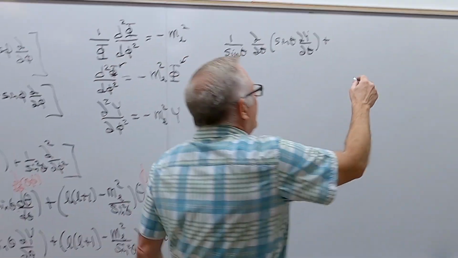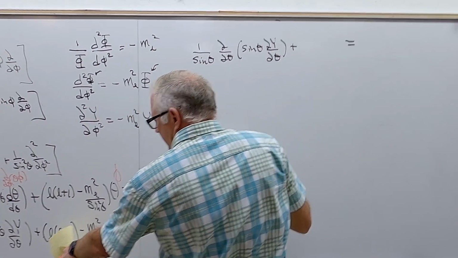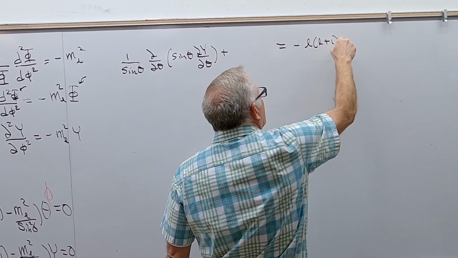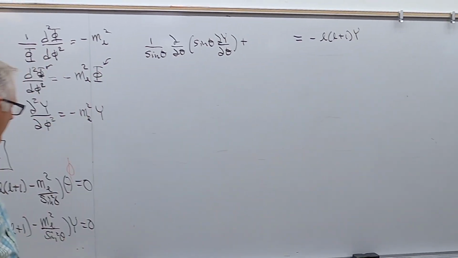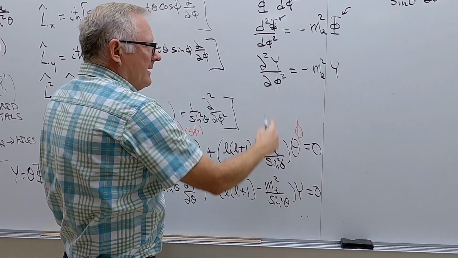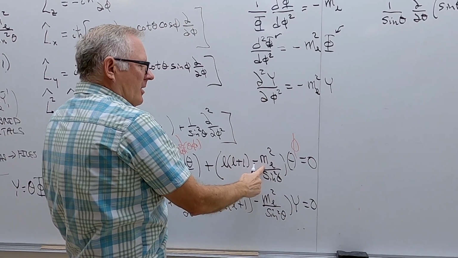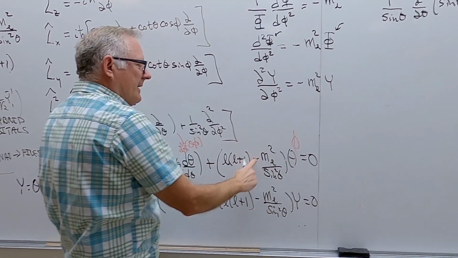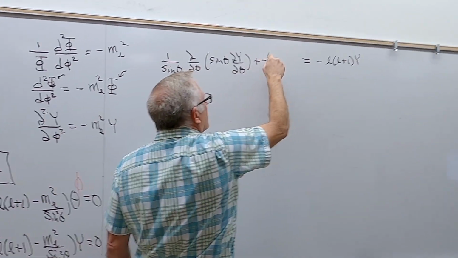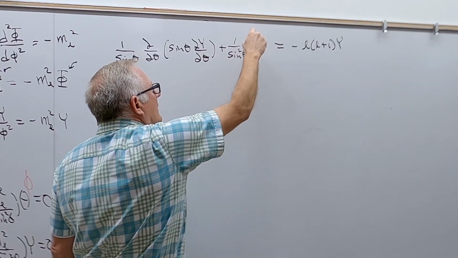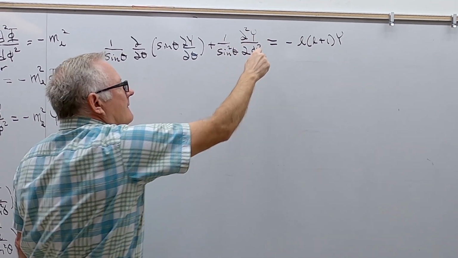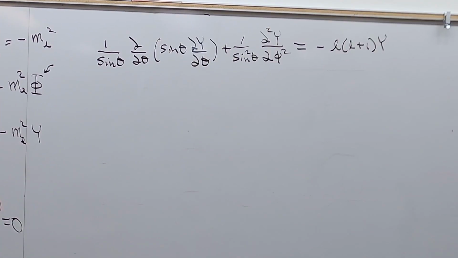So on the other side of the equal sign I'm going to put minus L times L plus 1 y. And then this term right here, we just said that that term is this term. So it becomes a plus, because there was a minus there. It becomes a plus 1 over sine squared theta, partial squared y with respect to phi squared. Okay, so that's what that equation became.